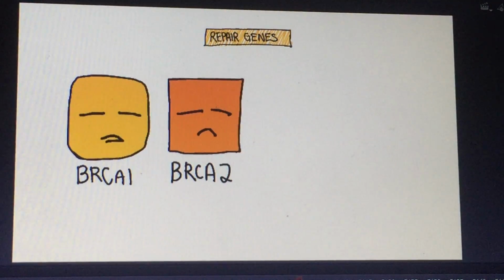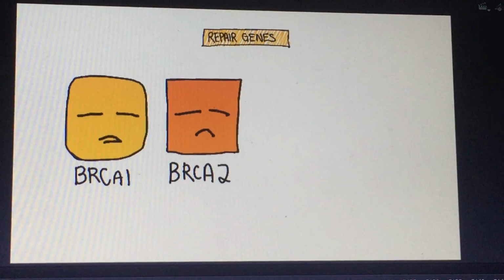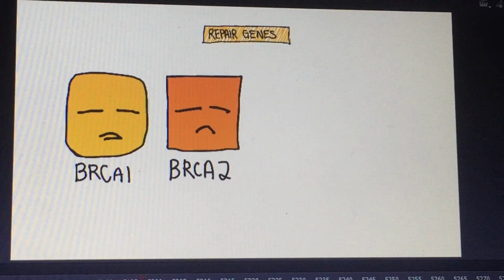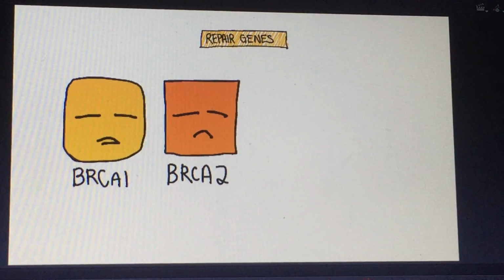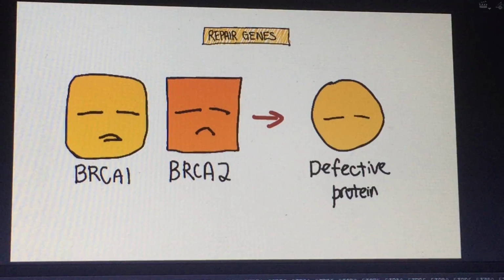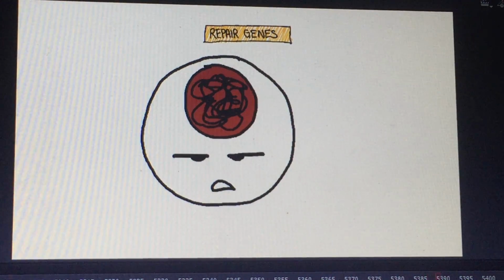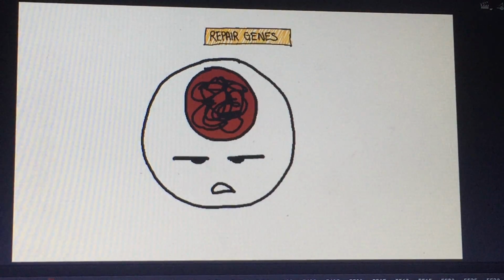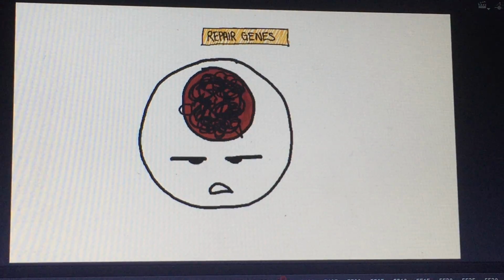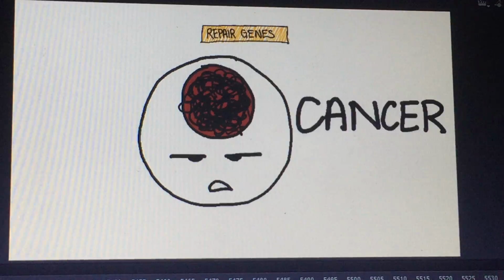But if DNA mutations occur to BRCA1 or BRCA2, amidst all other types of DNA repair genes, this protein product either is not made or does not function correctly. DNA damage may not be repaired properly. As a result, cells are more likely to develop additional genetic alterations that can lead to cancer.